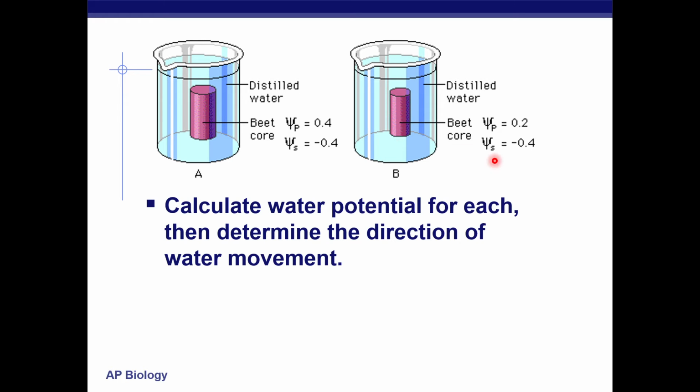The water potential of the beet core is a negative 0.2. This is a more negative number than this. So the beet core has less water potential, and the water is less likely to move out of the beet core into the distilled water. The 0 is bigger than a negative 0.2. So the distilled water has more water potential, and so that water has more potential to move from outside into the beet core.